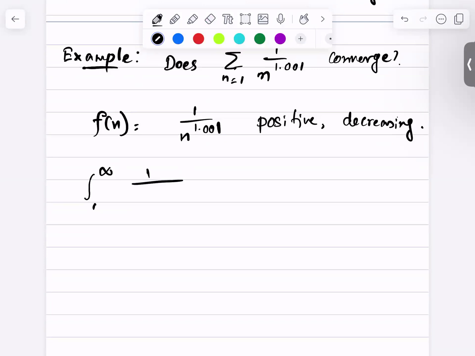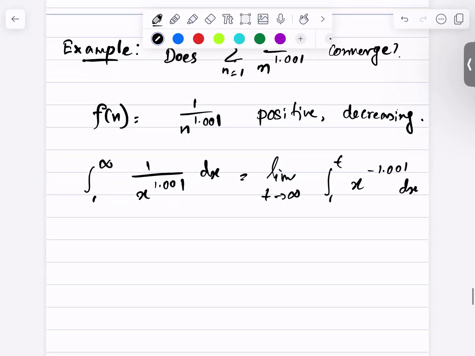So if I use the integral test here, then this will be the integral from 1 to infinity of 1 over x to the 1.001 dx. And this is an improper integral. So therefore, you have to take t as the intermediate variable like this, and then you do the simple calculations.